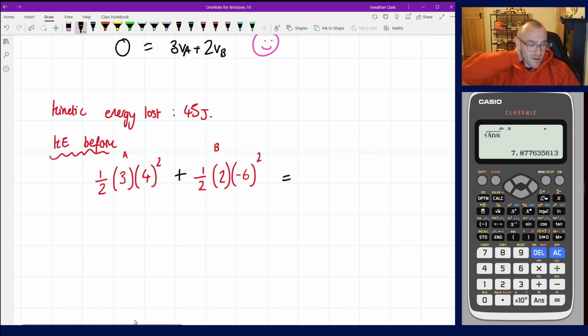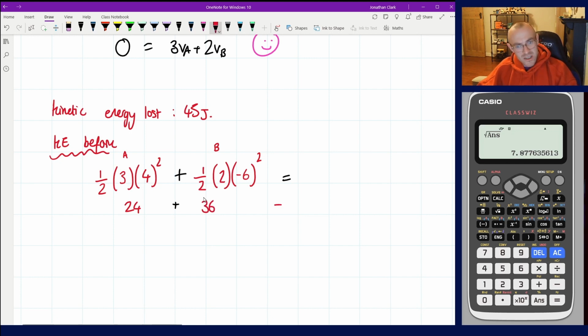Let's add these things up. We'll just chuck this in on the calculator. Let's persevere. 4 squared is 16, times 3 is 48, half is 24. And this one, 6 squared is 36, 2 times by half is still 36.